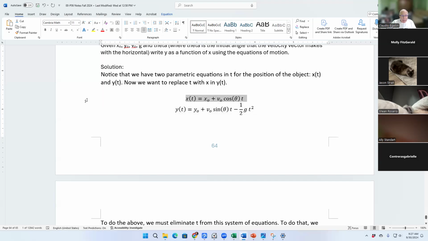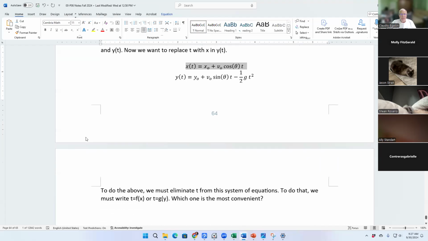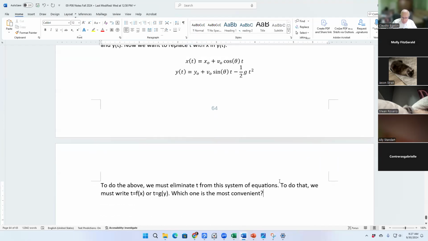Because of that, we're going to choose to write t in terms of x. And why am I doing that? Once I write t in terms of x, I will substitute it right here in the equation for y.